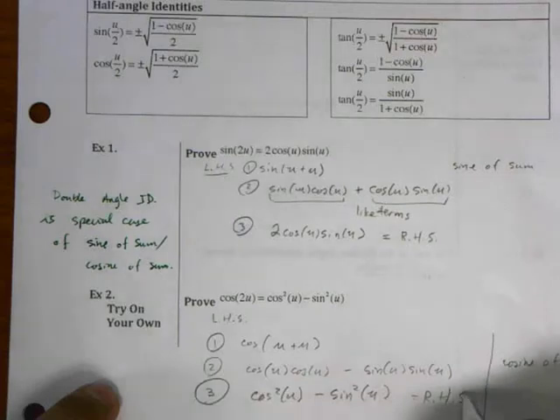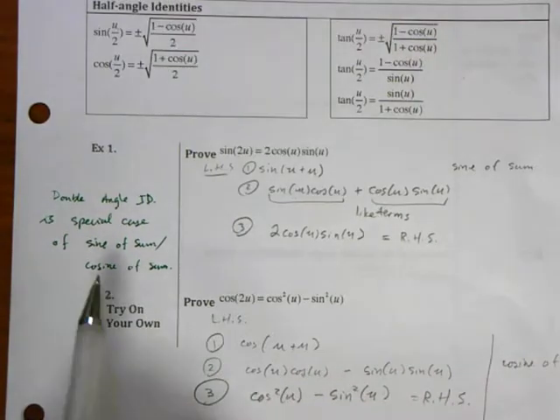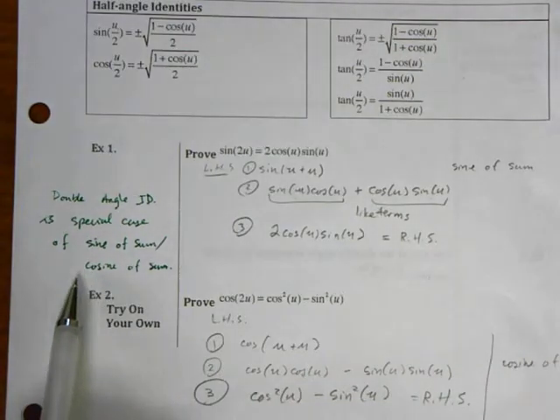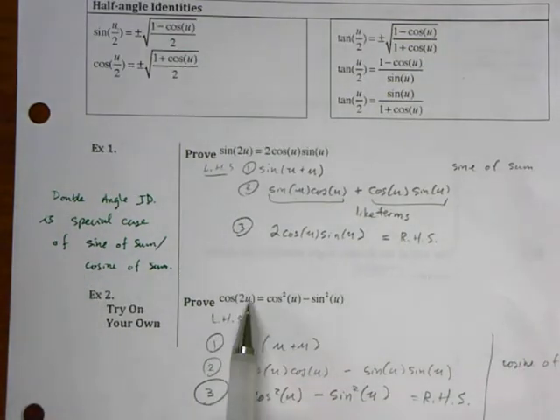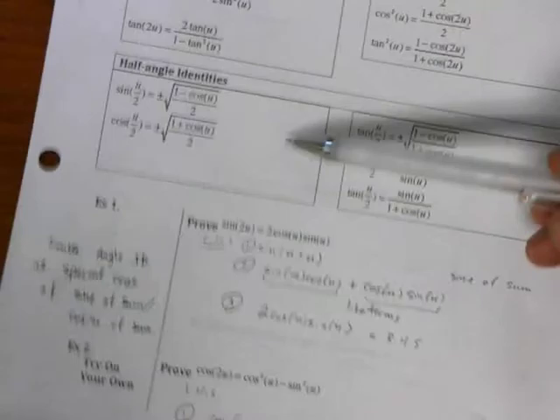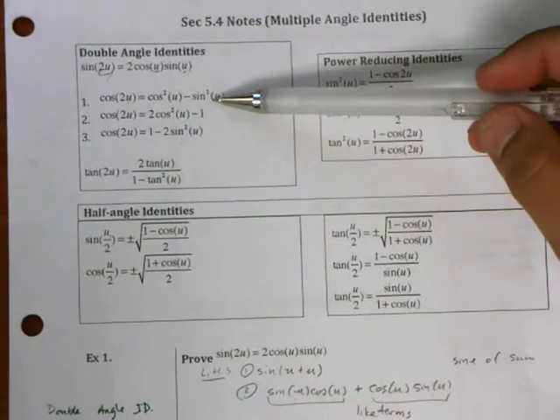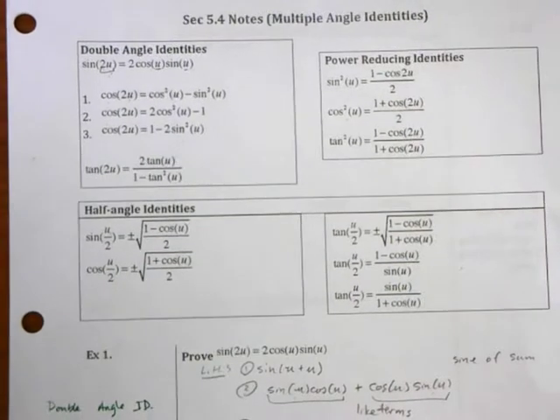Okay? And so following the same reasoning and explanation up here, all of these double angle identities that I have listed up here are just special cases of the sine of a sum or the cosine of a sum.